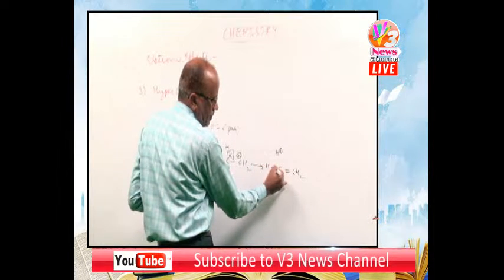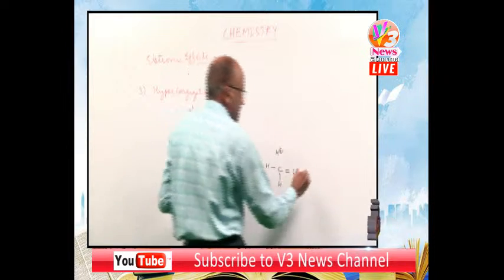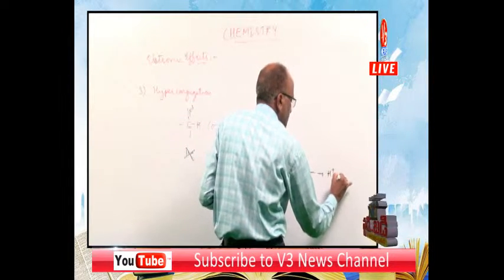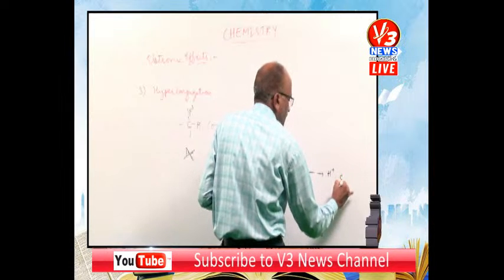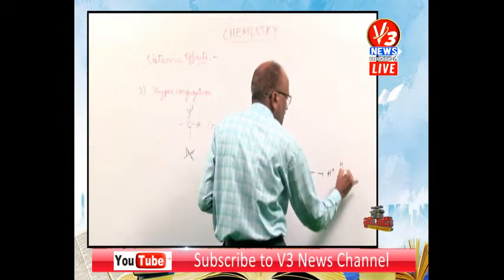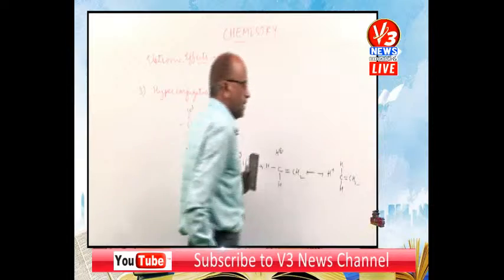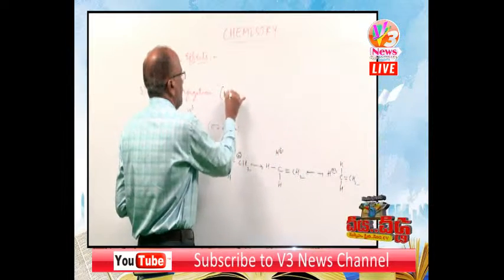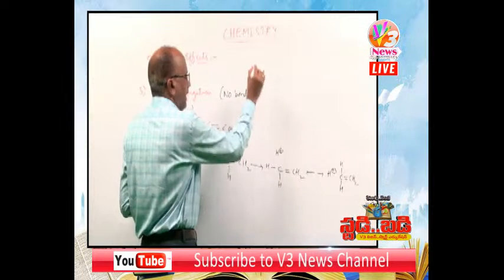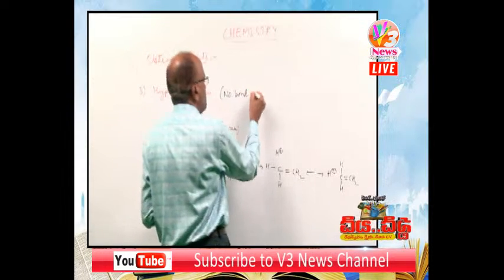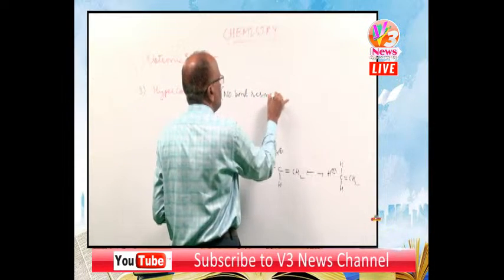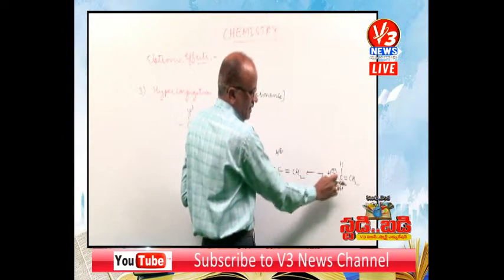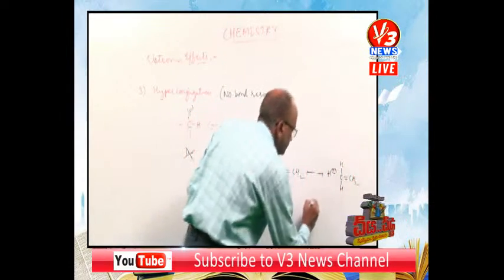And in the next hyperconjugative structure, this electron pair is involved in hyperconjugation. So it becomes H plus. Here this hydrogen is shown without bond. That's why this hyperconjugation is also known as no bond resonance. In resonating structures, hydrogen is shown without any bond. That's why it is called no bond resonance. Now the next structure, this hydrogen is shown without any bond.